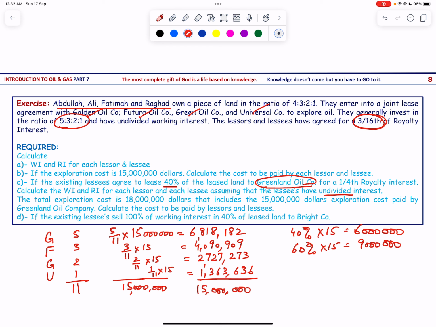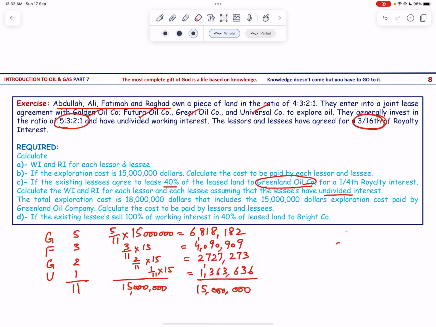So they are going to share it in this ratio, and let us see this will be equal to how much. Golden Company has the same 5 upon 11. For Futura, it will be 3 upon 11. For Green, it will be 2 upon 11, and for Universal, it will be 1 upon 11, and this will be multiplied now by 9 million and not 15 million.